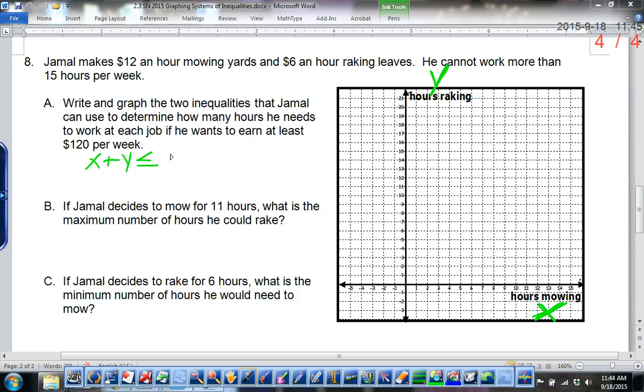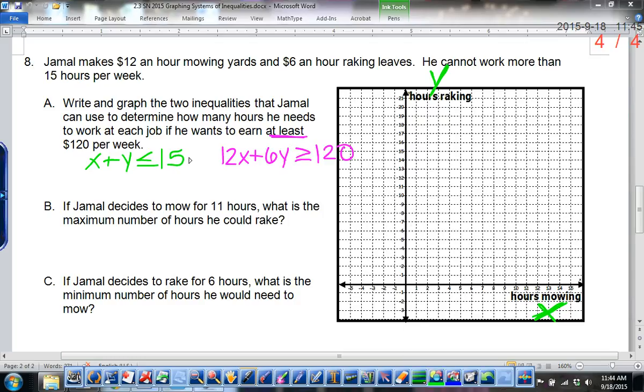Less than or equal to what? 15, thank you. All right. Our other inequality is going to have to do with money. He wants to earn at least $120 per week. So how would I represent that? The 12x plus 6y has to be equal to... At least? How would we represent at least? Greater than. Good. Greater than or equal to 120.